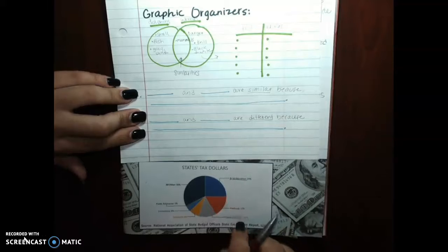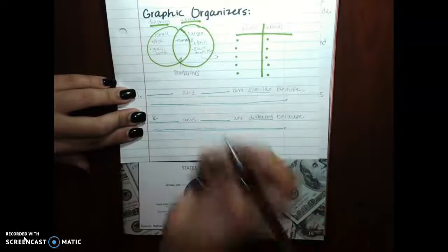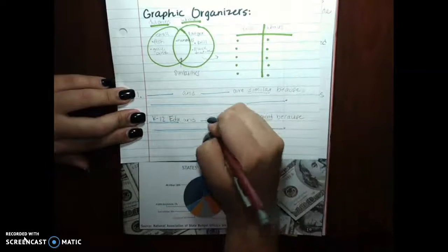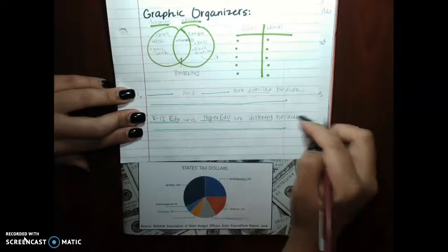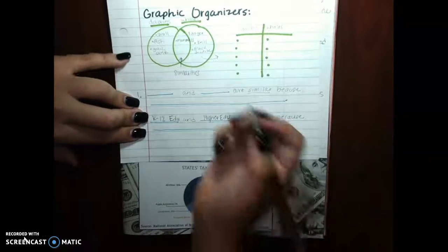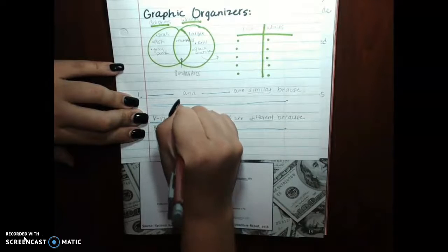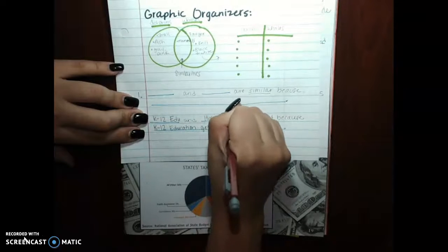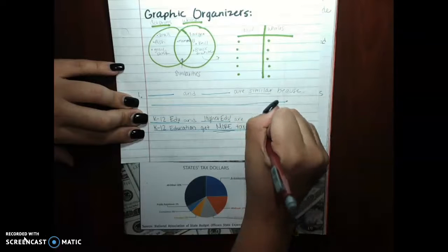So the difference between these two is that K through 12, I'm just going to abbreviate education, and higher education are different because this one gets 25% of taxes and this one gets 13%, because K through 12 education gets more tax money.